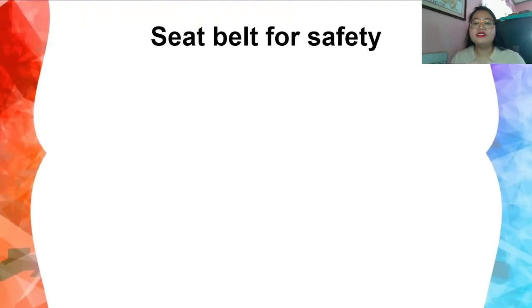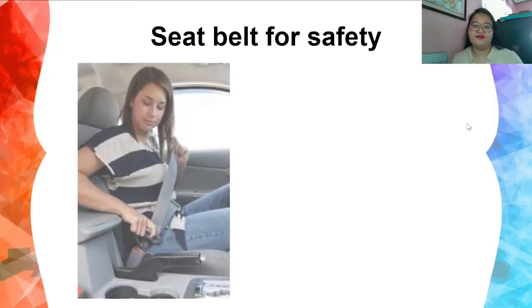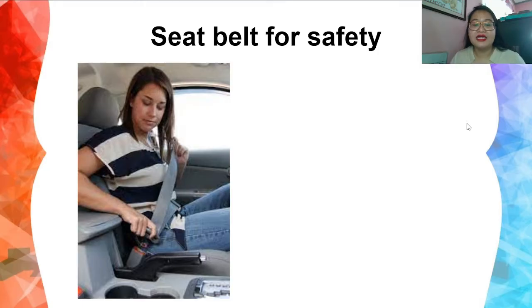Okay. Now, this is the reason why seatbelt is made for safety. Kaya po sa mga sasakyan, kailangan merong seatbelt, at dapat ang seatbelt, hindi lang yung driver, kundi maging yung mga pasahero. Pero bakit nga ba mahalaga itong seatbelt na to? Tulad ng binanggit natin kanina, kapag mabilis yung movement ng sasakyan, tapos bigla siyang huminto, okay?